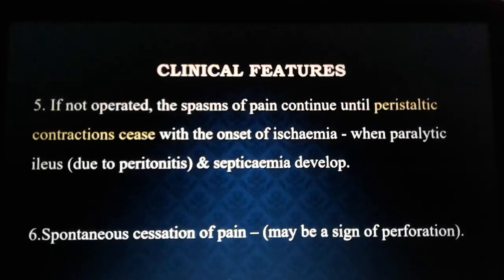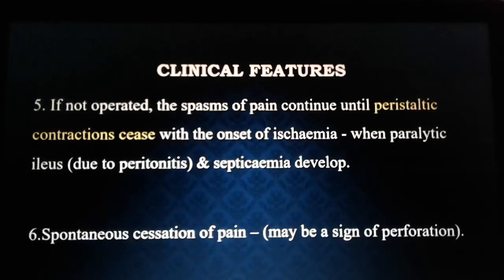The next clinical feature could be this: suppose a patient presents with strangulated hernia and suddenly he or she stops complaining of pain. Don't be happy at this stage. It could be a sign of perforation.